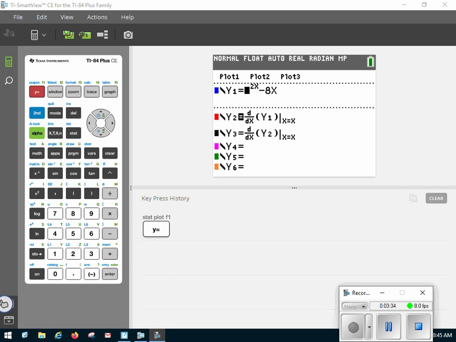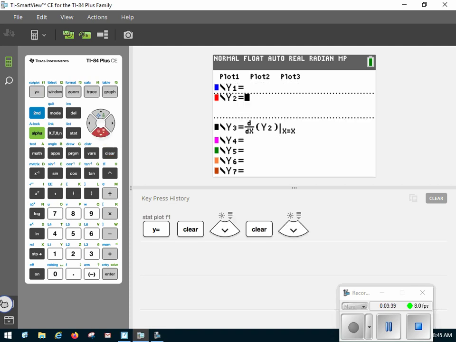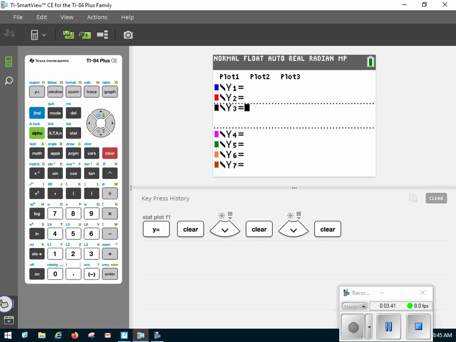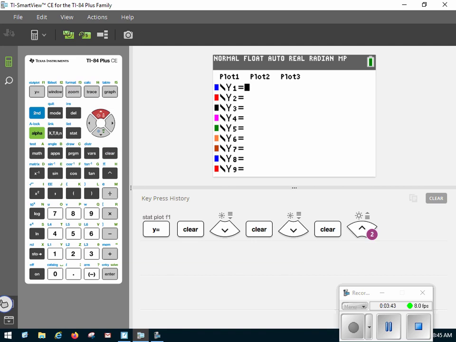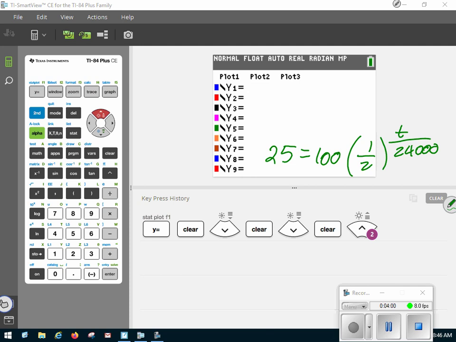Just go to the very beginning of an equation, hit clear, and if you've got other equations in there, just get rid of all of them. Now what I'm going to do here is write down what that equation was, all right? That equation was 25 equals 100 times 1/2 to the T over 24,000, right? Now, let's talk about how to put this in the calculator.